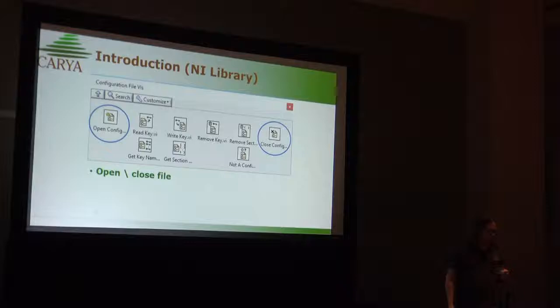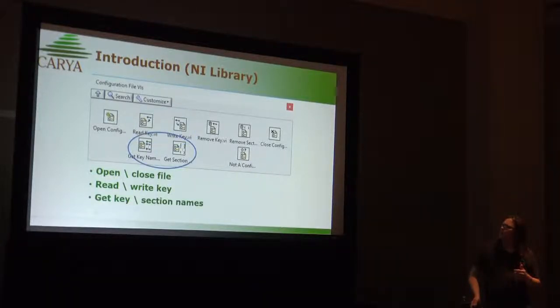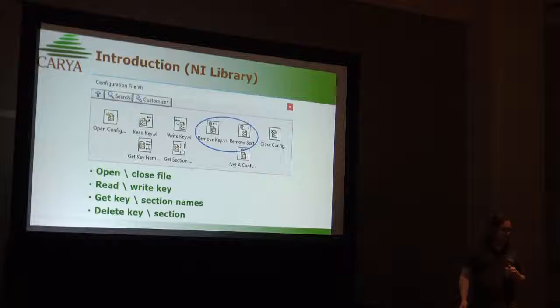You can open it and close it, and then you can read keys and write keys. These are polymorphic, so they work for all base data types: strings, integers, doubles. And then you have functions to get the key names and the section names, and there are VIs to delete keys and delete sections.